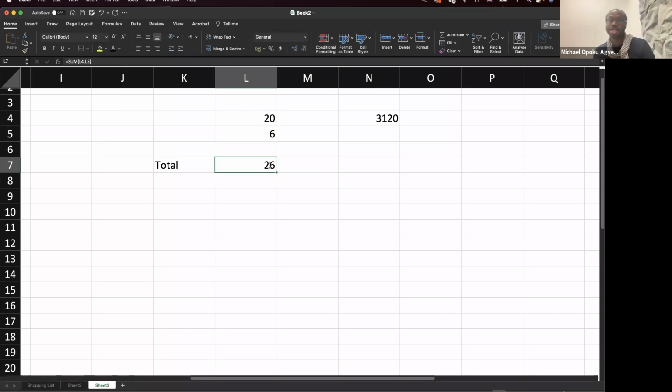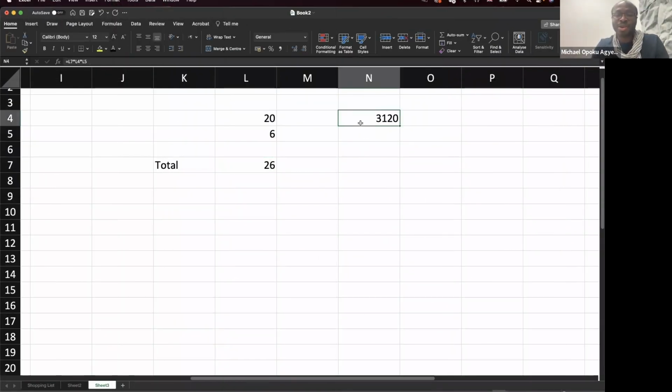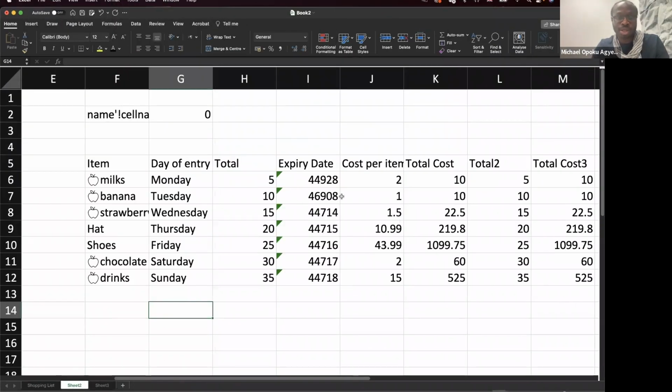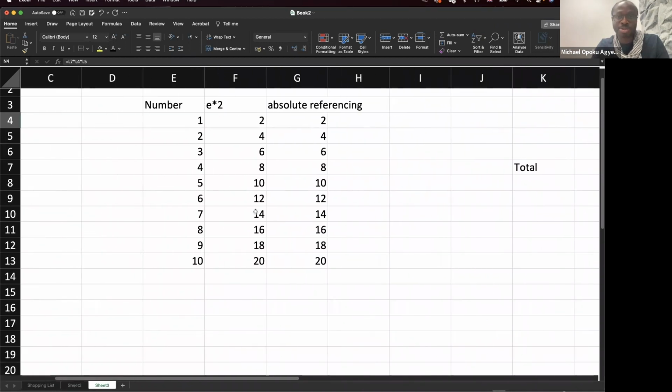It doesn't really matter. As our data gets really large, we can have so many equations in the Excel document. Let's say I have several equations.